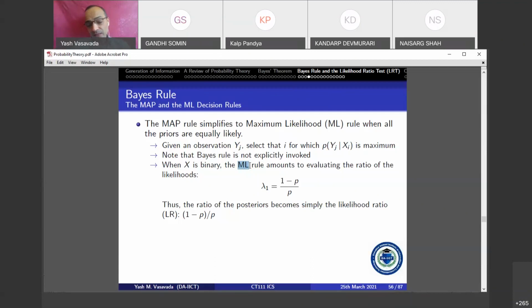I mean, you can still use MAP, but then for MAP, you have to do one more computation, right? q divided by 1 minus q. But when the priors are known to be equal, then why do that? We'll just use the simpler version, which is ML. But when is that justified? When are you justified to use ML instead of MAP?